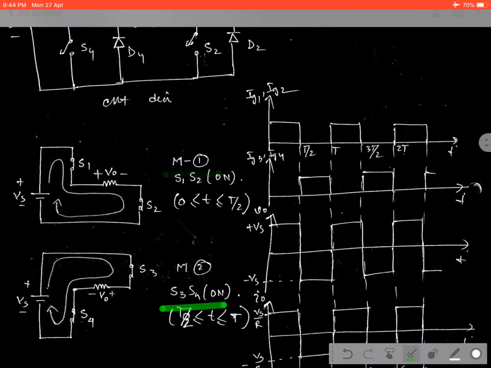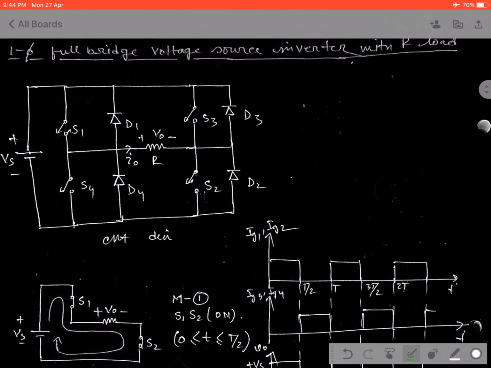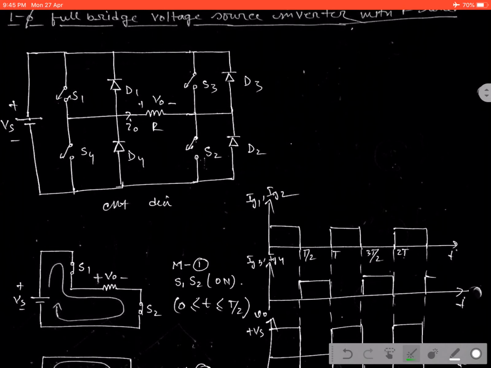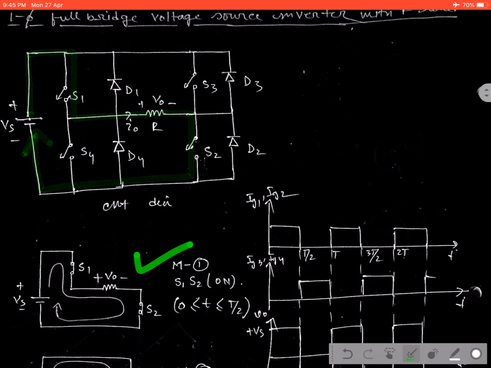In mode 1 operation, when S1 and S2 start conducting, then the current starts flowing through S1, through load, then S2, then coming back to the supply. It will cover the mode 1 operation, and the circuit diagram is given over here.